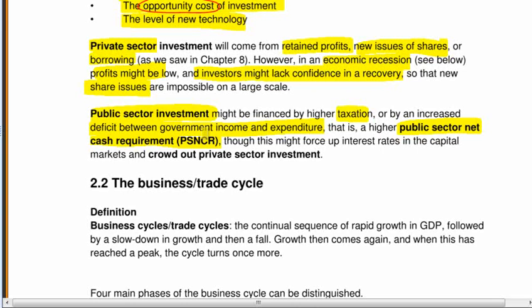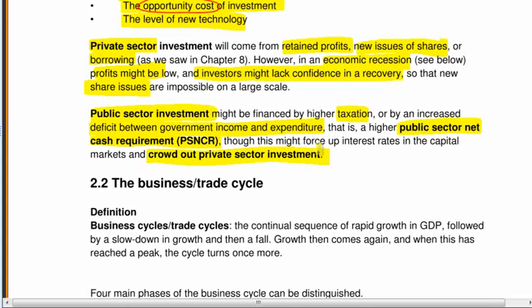Now, an interesting phenomenon, not all economists subscribe to this view, but it's worth pointing out, is this phenomenon of crowding out. There is a view that if the government invests too much, then that crowds out private sector investment. It makes it more difficult for the private sector to invest.